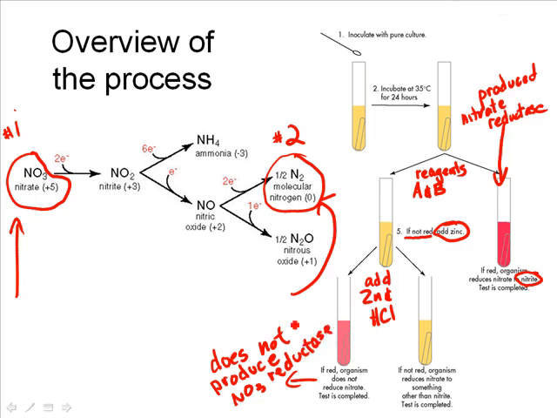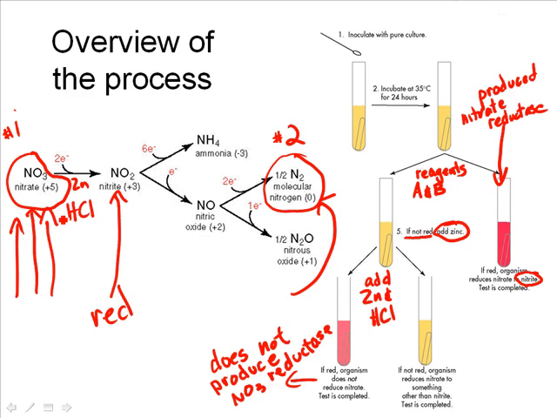And what that means for us is we were stuck right at the beginning, and the zinc and HCl reduced the nitrate to nitrite, and when nitrite was produced, the tube turned red. So after the zinc and HCl, a red color means we were stuck right here.